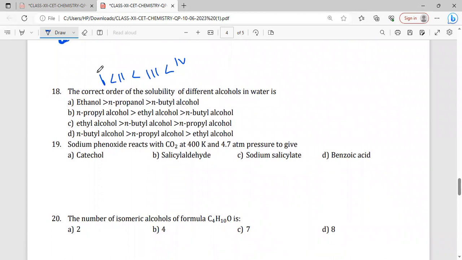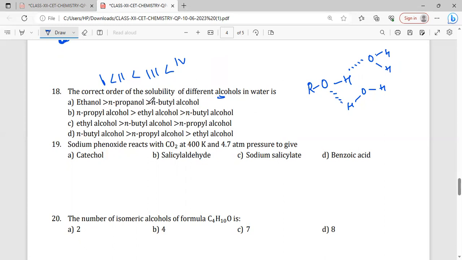Question number 18. The correct order of the solubility of different alcohols in water. Alcohols are soluble in water because they can form hydrogen bonds with water, right?